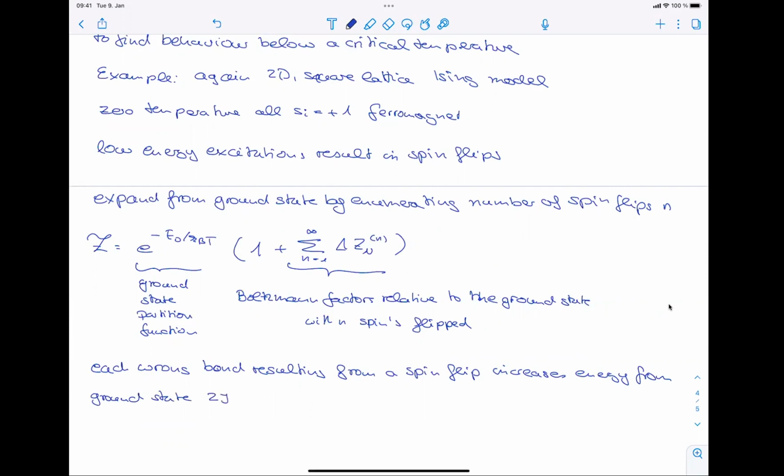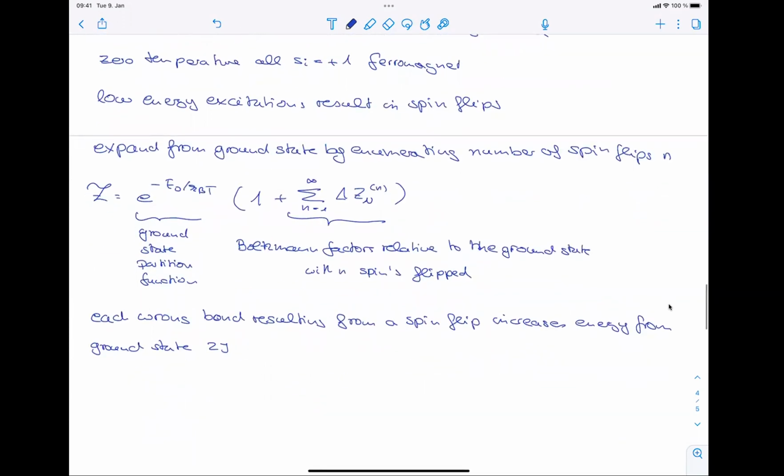And so I have thus a Boltzmann weight with unsatisfied bond x is e to the minus 2J over kBT. So I'm now looking at bonds.